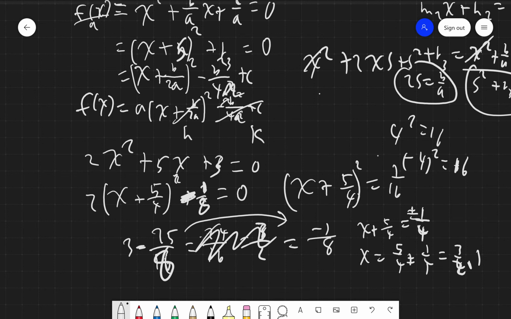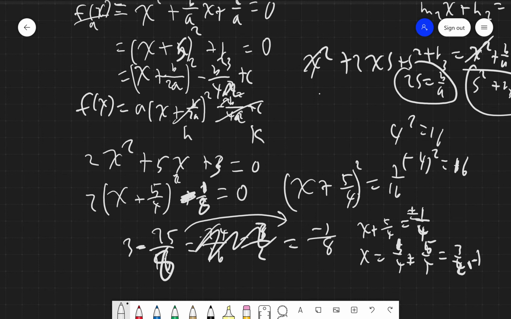Sorry, we get 1/4 and then 5/4, so 1/4 minus 5/4 is negative 1, which gets us to 2 minus 5 plus 3. Alright, that works. Cool. So that's how you use completing the square.